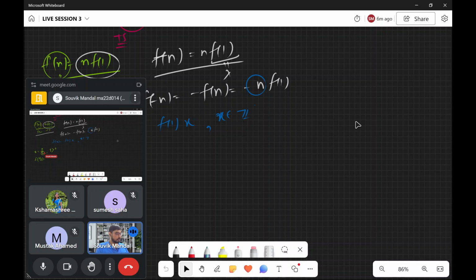In order to use your argument, assume p is greater than 0, otherwise it is 1 by q plus 1 by q and so on, so this will be p times f of 1 by q.